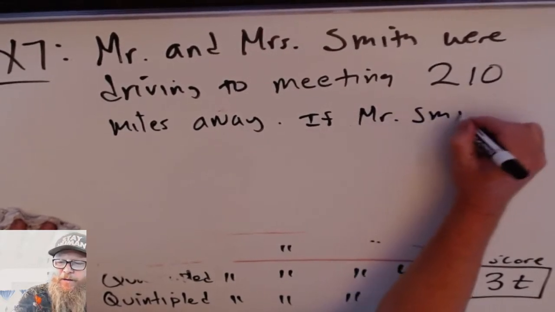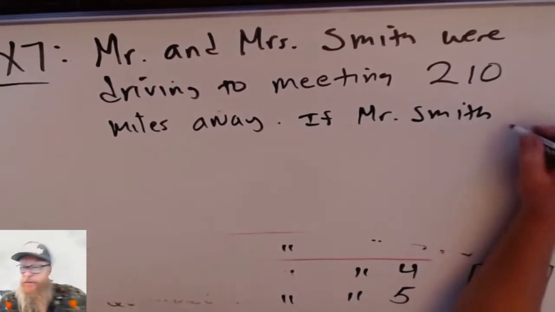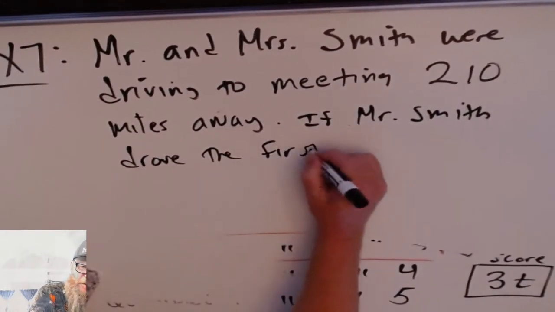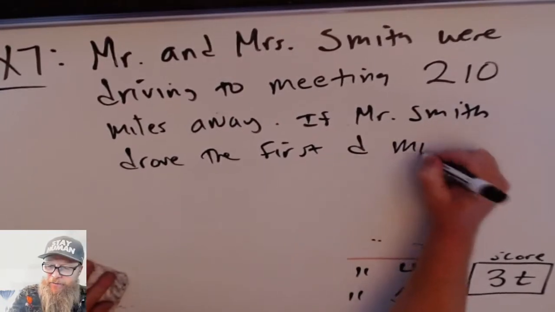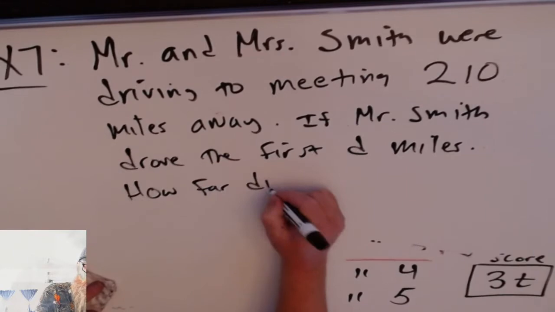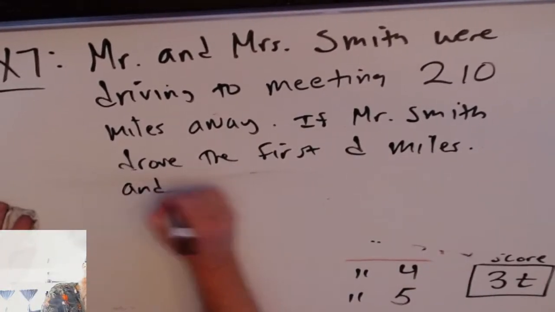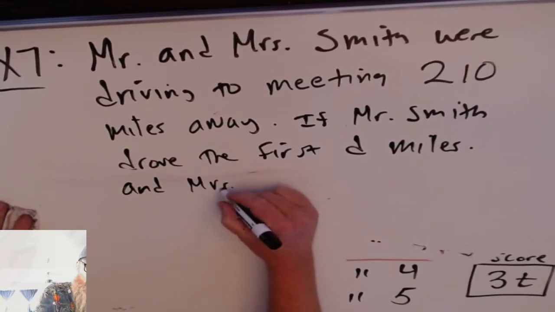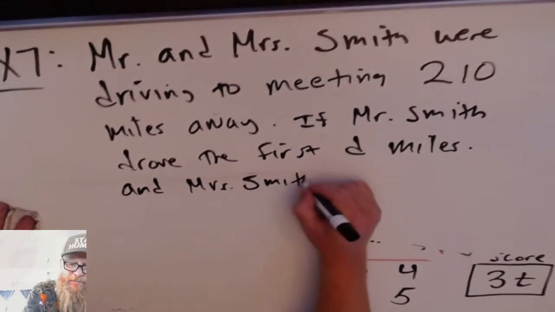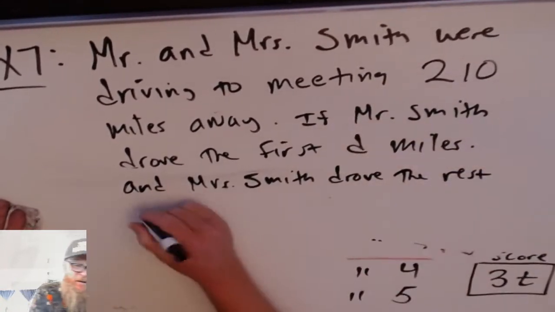If Mr. Smith drove the first D miles, and Mrs. Smith drove the rest of the way. Told you it takes me longer to write these questions down than it does to solve them. Mrs. Smith drove the rest of the way. How far did she drive?